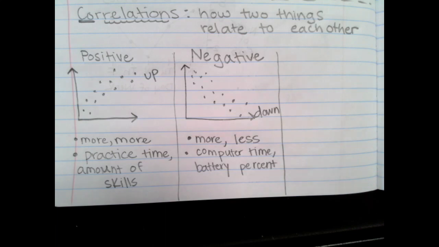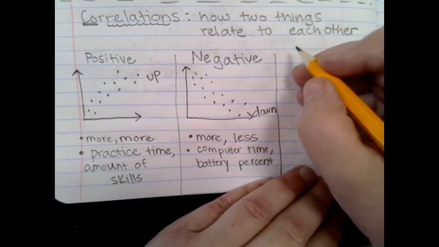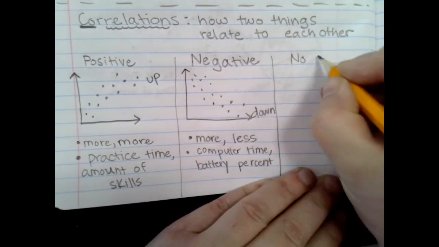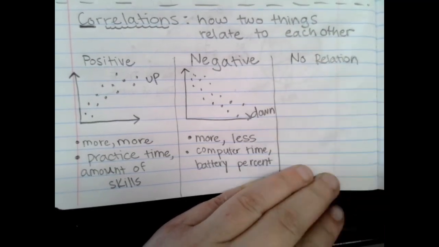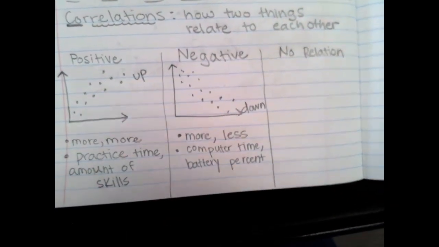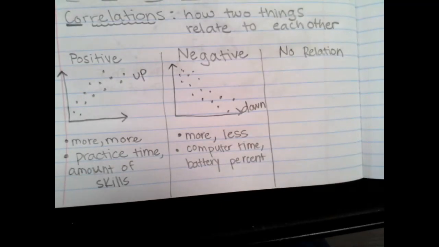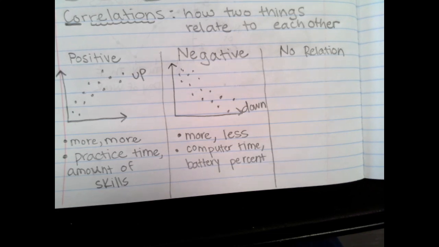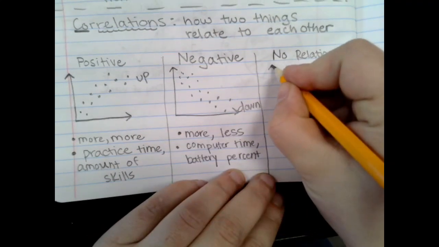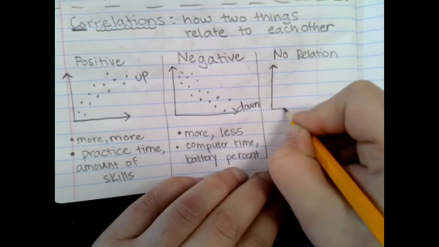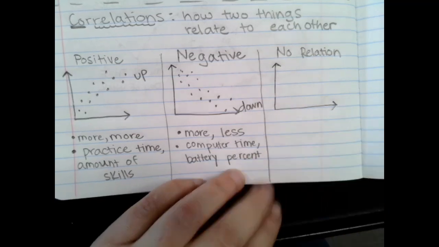All right, last one. We have positive, negative, and our last one is no relation, or none. When we look at the graph of no relationship, they don't relate, there is no correlation.